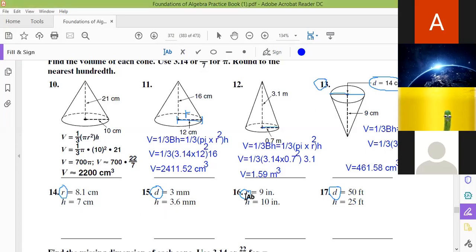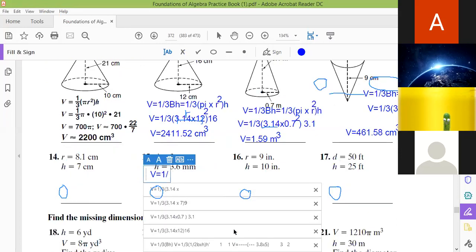Which question should I solve? Anyone, tell me, then I will solve that one. Okay, 15. Let's solve question number 15. As you know, the formula is V equals 1 over 3 base times height.